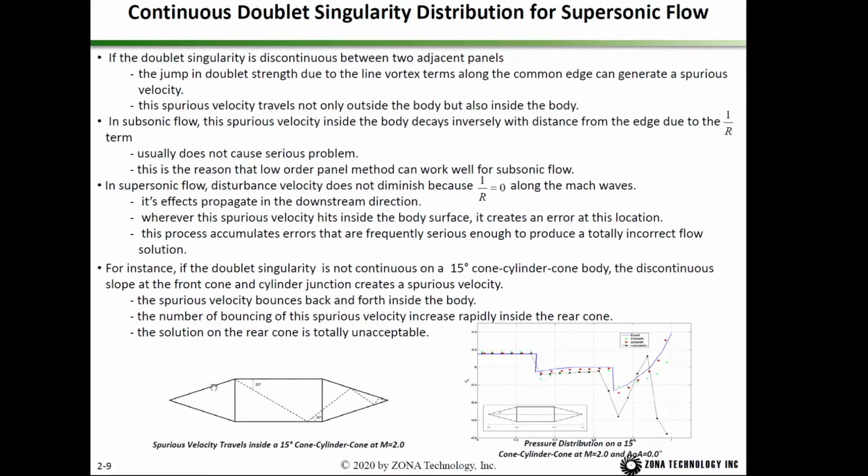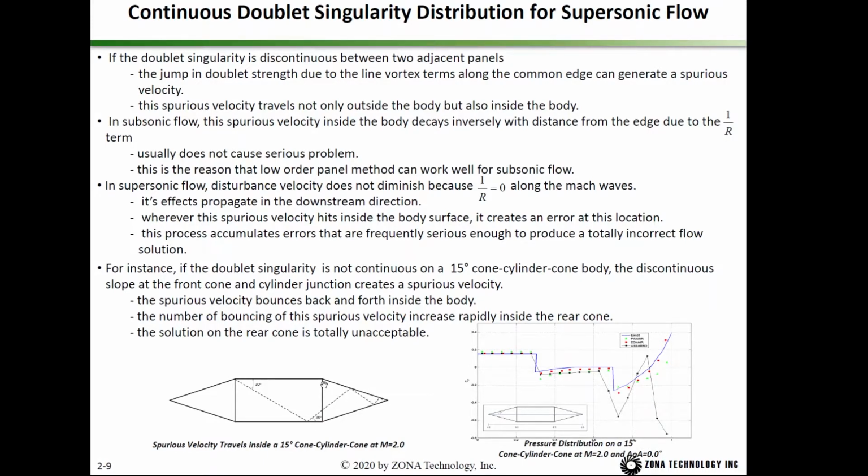So, for example, this is a cone-cylinder-cone case in supersonic flow. Because the slope here is discontinuous, if you use a lower order panel method, it will create a spurious velocity along this edge, and this velocity bounces back and forth inside the body.